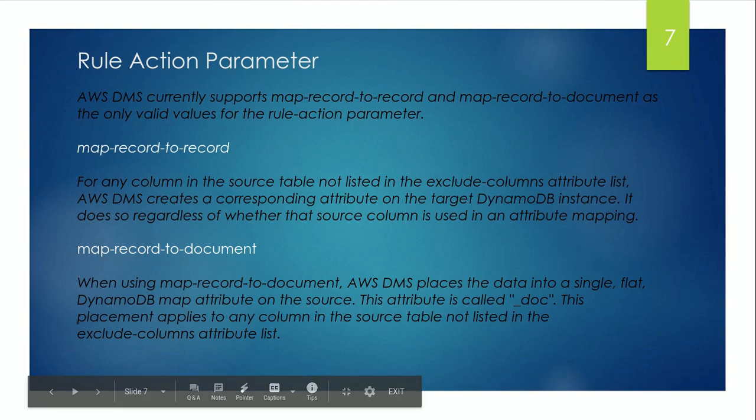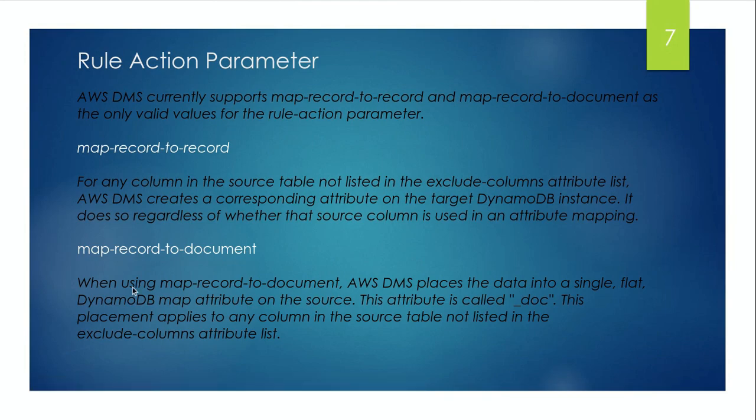And then another is map record to document. This is almost the same. The only real difference is that there is an attribute called _doc. This placement applies for any column in the source table not listed in the exclude column attribute list. That means there is something called exclude columns, where you can exclude the source columns.